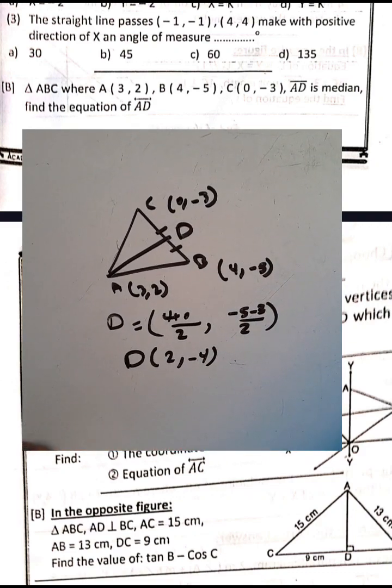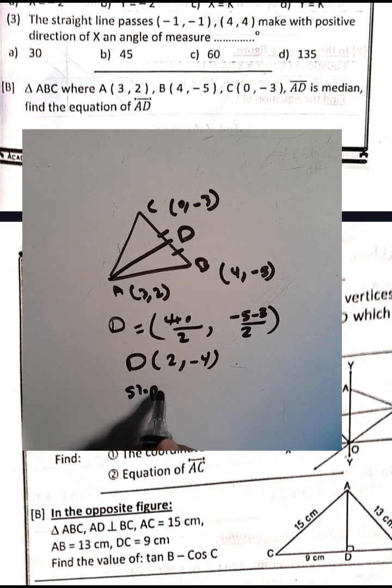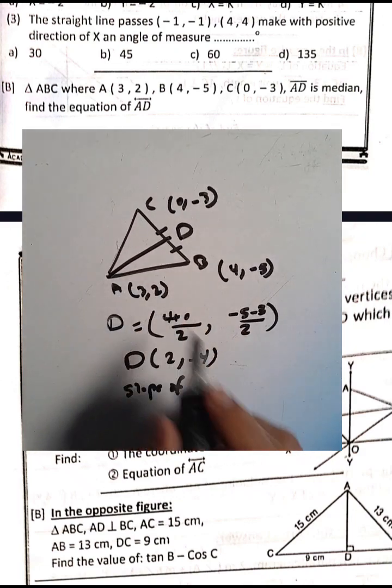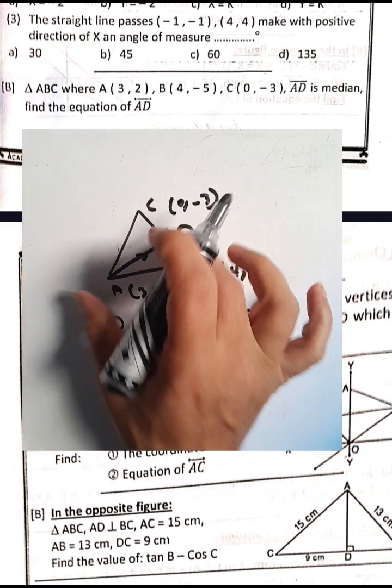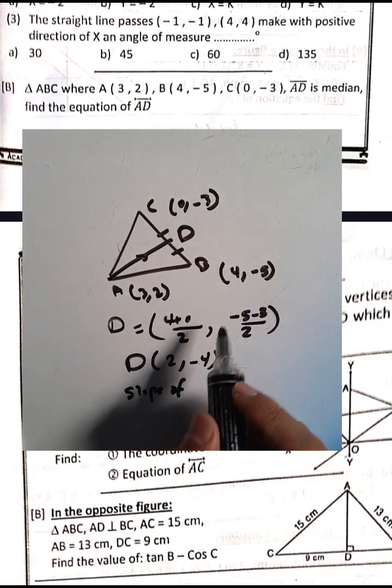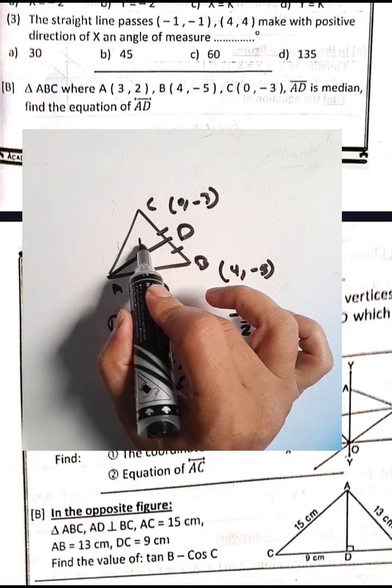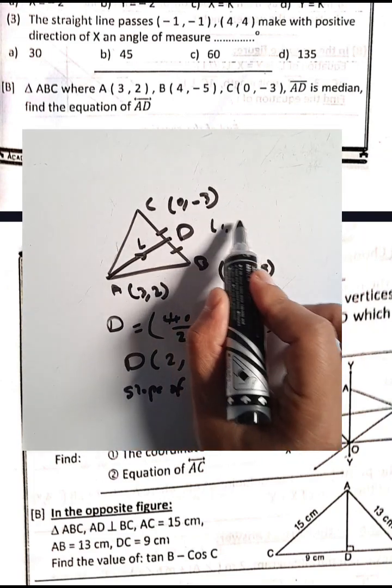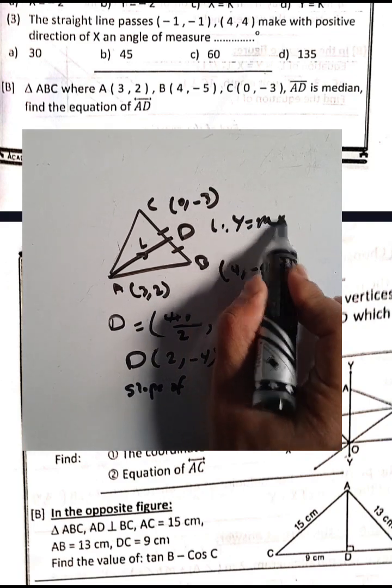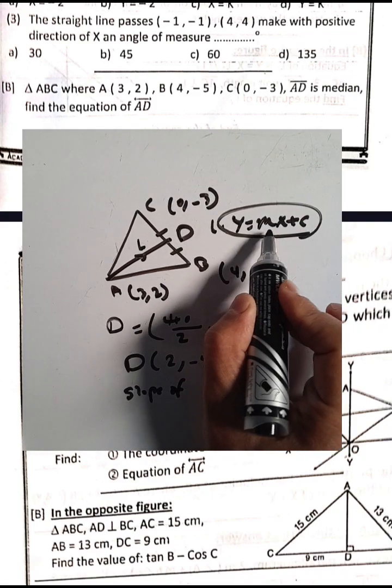Okay, then you can find the slope of AD, because we want to find the equation of the straight line AD. I will put L for the straight line, such that y equals mx plus a constant. M refers to the slope, and then the constant.